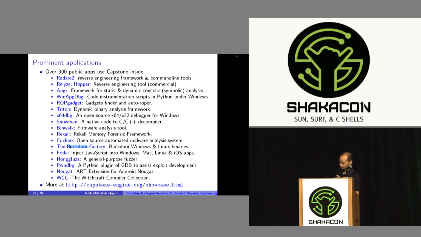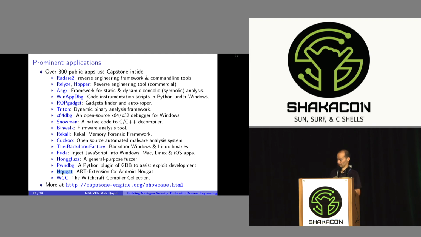Another one is coming from Google, and they also use Capstone inside. This one also coming from Google. It's very popular for pentest, for CTF. Nougat is an ART extension for Android. So Intel, they have their own build for Android, and they use Capstone inside.